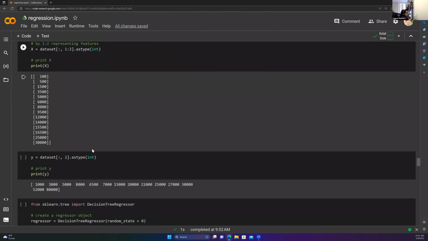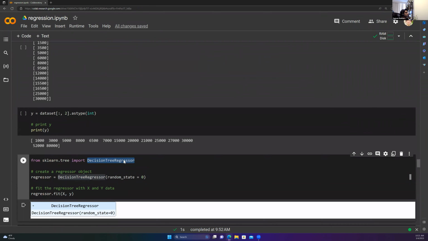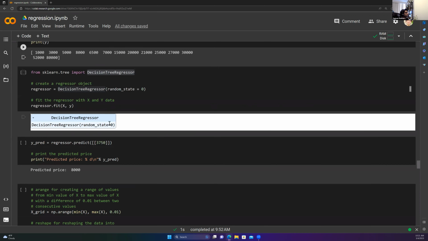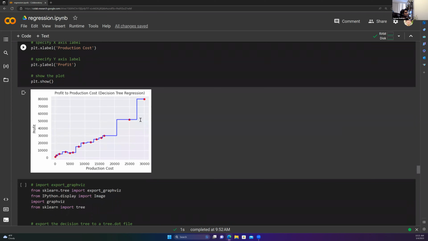So let's see how we can use decision trees to come up with different decision rules. We want to predict the profit based on the production cost.